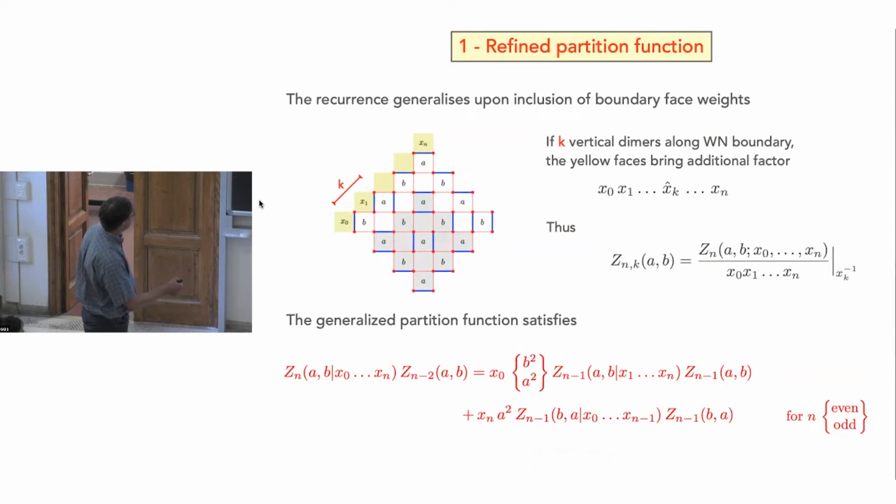They miss the weight X naught, and they miss the weight B that this dimer brings, and they also miss this dimer. So altogether, the two miss a factor of B squared and X naught. If n were to be odd, then this B would be an A. Okay, so you can actually understand very easily the formula and why these factors appear.